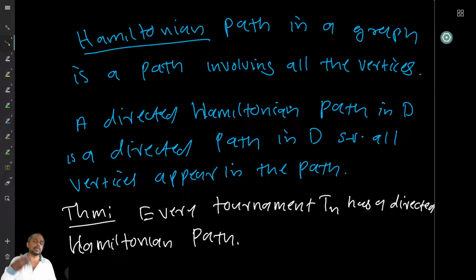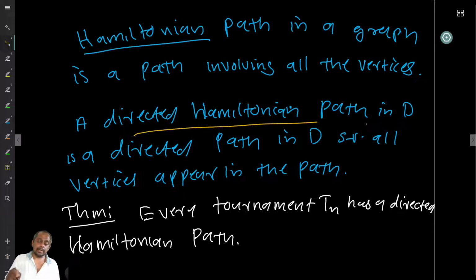So a Hamiltonian path is basically a path where all the vertices are present. If there are n vertices, the path must contain all the n vertices, and it should have edges in the correct order, from the first vertex in the path to the second vertex to the third vertex, etc. So a directed Hamiltonian path in a directed graph is basically a directed path where all the vertices occur in the path.